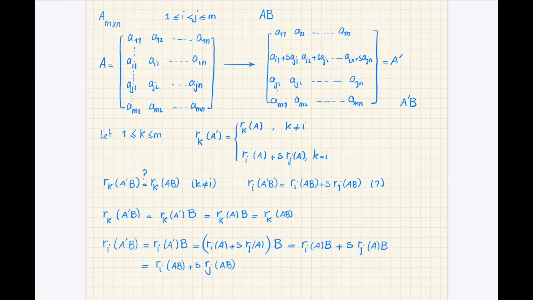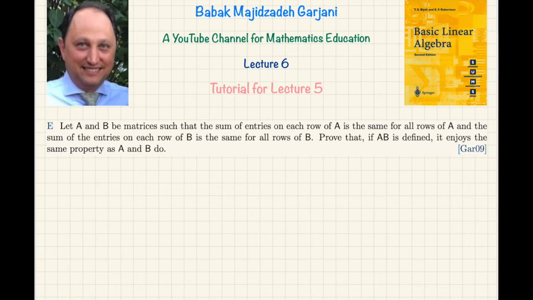Okay, now we go to the next problem, problem E. Let A and B be matrices such that the sum of entries on each row of A is the same for all rows of A, and the sum of the entries on each row of B is the same for all rows of B. Prove that if AB is defined, it enjoys the same property as A and B do.